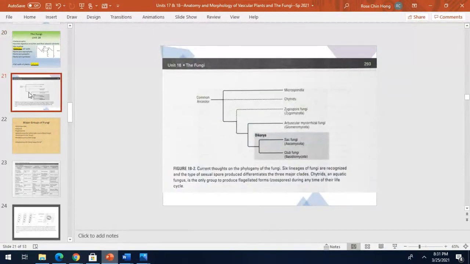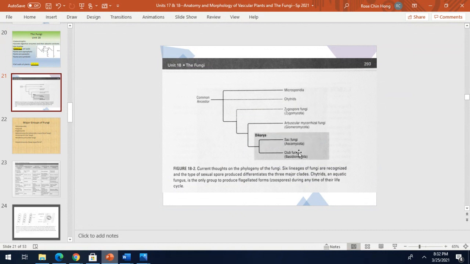Okay, so now let us look at our phylogeny of the fungi. Coming down from the common ancestor that gave rise to the microsporidia, the chytrids, the zygospore fungi, which are the zygomycota, the arbuscular mycorrhizal fungi, which is the glomeromycota. And then we have the two other groups of fungi, which are called sac fungi, the ascomycota, and the other one is the club fungi, which is also known as the basidiomycota.